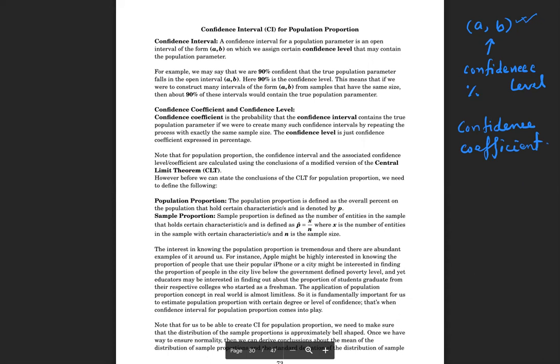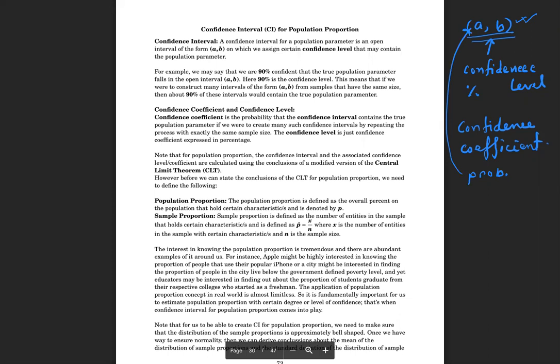Now you can see how I am using the population parameter, okay? These are the terms that you'd have to be pretty familiar with in order to make sure that you understand what I'm talking about. Confidence coefficient is the probability that the confidence interval that you created will contain that true population parameter.